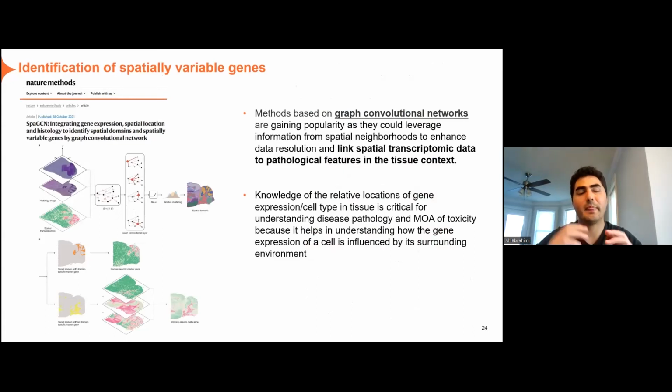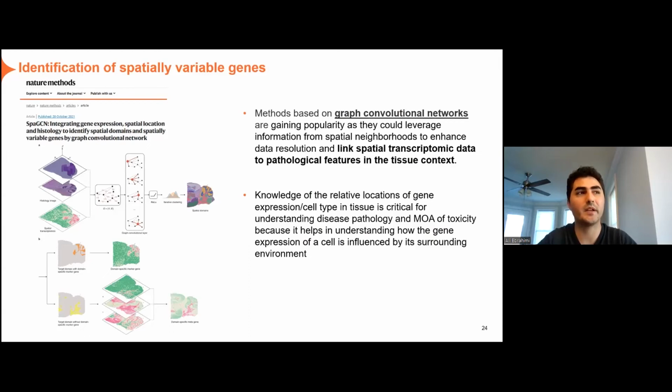link morphological features from H&E images into spatial transcriptomics data and cluster the genes within the tissue context, not only based on their gene expression level, but also based on the similarity of those cell types that are within that tissue, and also their similarity in terms of having pathological features.